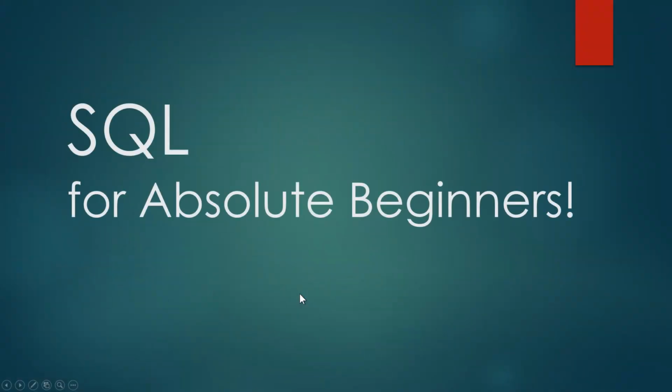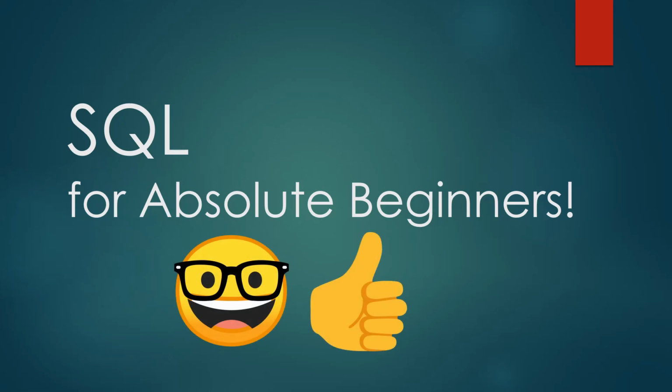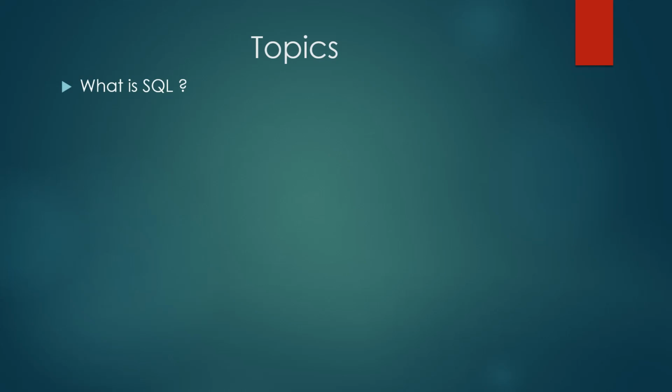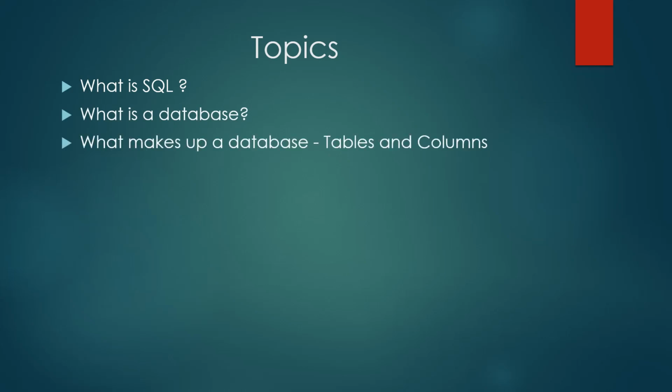So welcome to SQL for Absolute Beginners, and our topics are going to be: what is SQL? What is the SQL language? What does SQL stand for? What is a database? What makes up a database? The tables and columns. The various column types.